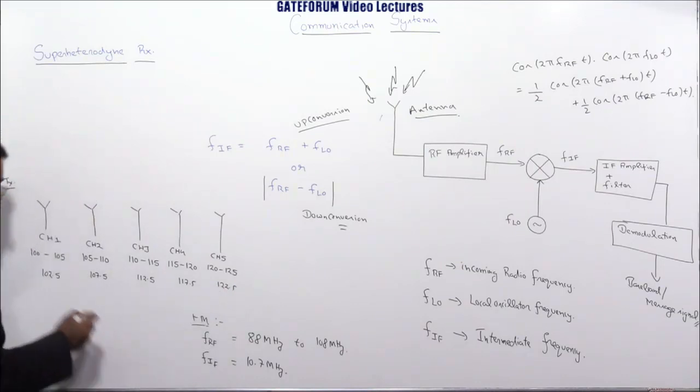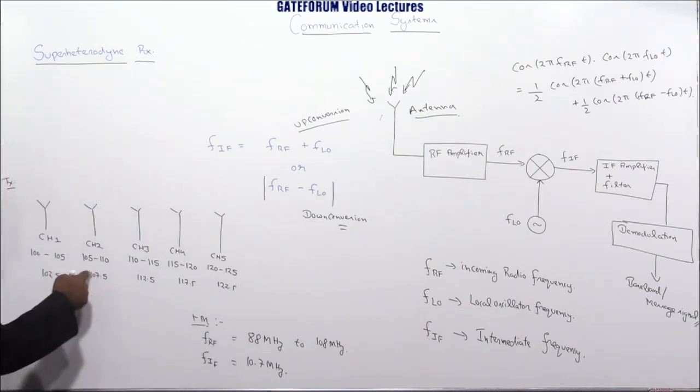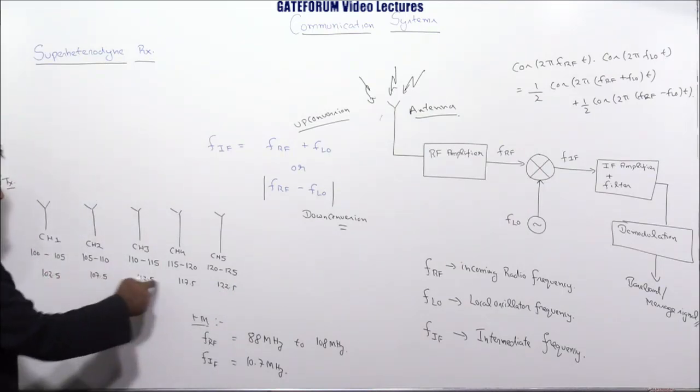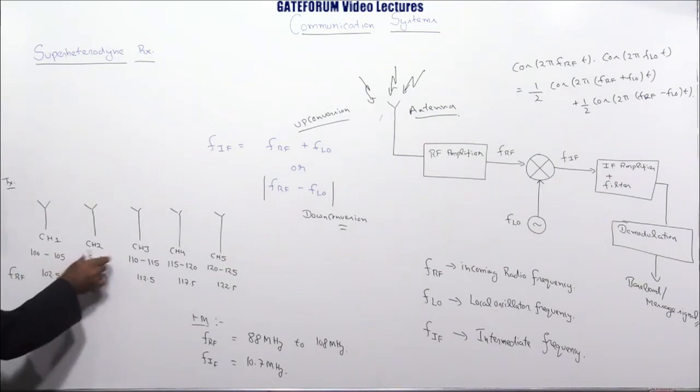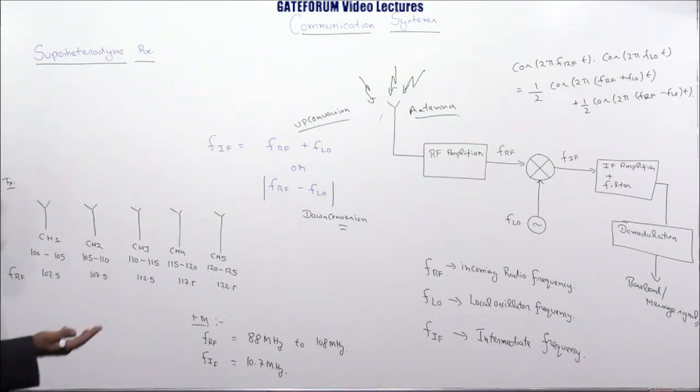These are the center frequencies: 102.5 is the center frequency for this, 107.5 for this, like this. So this becomes FRF, and the bandwidth of each channel is 5 megahertz. Generally, that is the bandwidth for the TV channels, that's why I have taken this 5 megahertz.